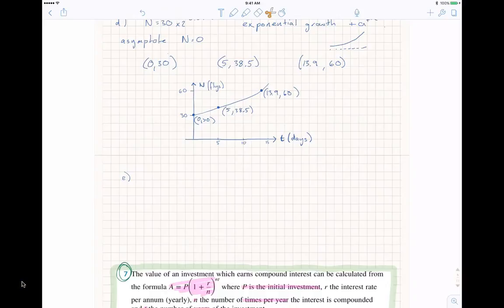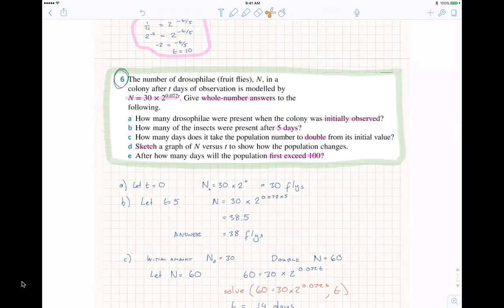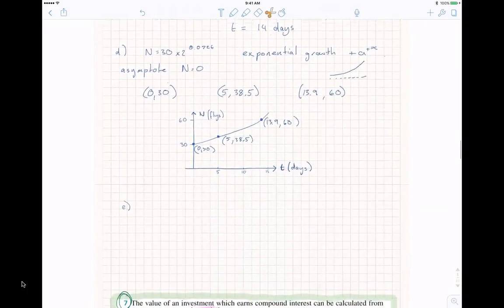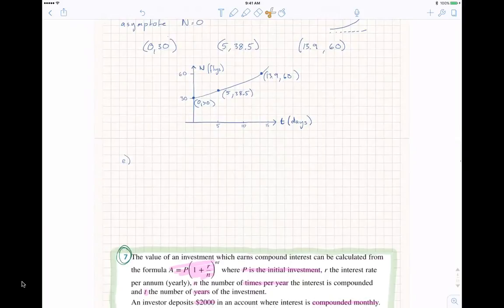So for the last part, E, after how many days will the population first exceed 100? So we're going to let n equal 100 and find out what time has elapsed. So we're going to have 100 equals 30 times 2 to the 0.072 times t.